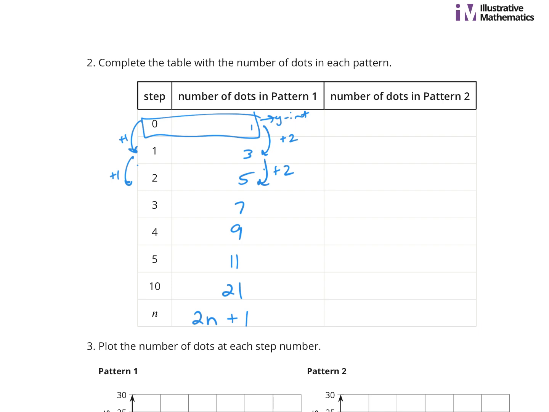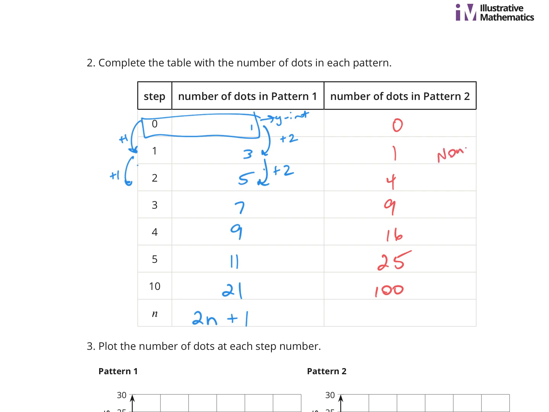Let's take a look at pattern 2. So pattern 2 had 0 at step 0, had 1 at step 1, 4 at step 2, 9 at step 3, and hopefully you've guessed the pattern by now. There's going to be 16 at step 4, 25 at step 5, and 100 at step 10. Basically, we're squaring the step number, right? So this is not linear.